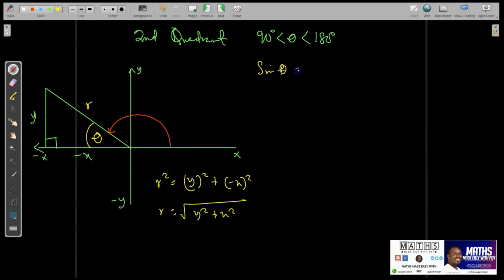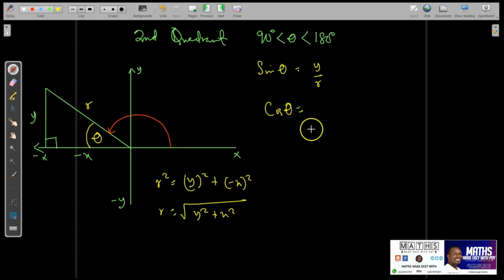What will be sine theta from the diagram here? It will be y out of r. It's a positive number, right? Yes. How about cos of theta?